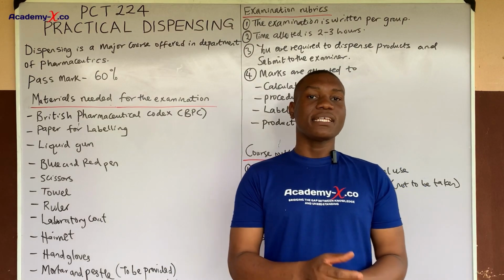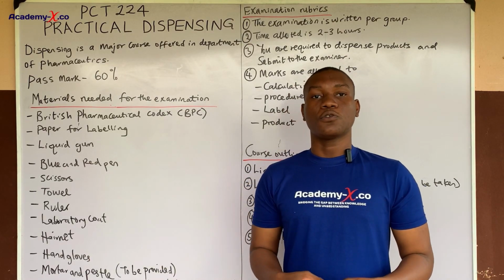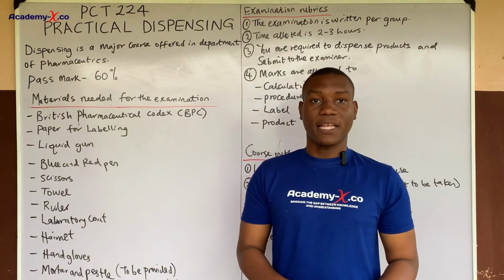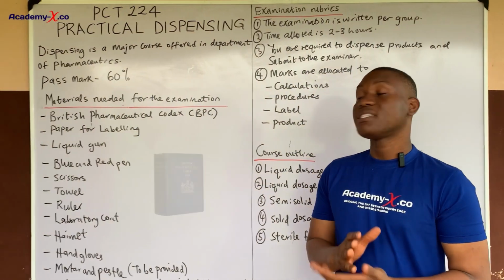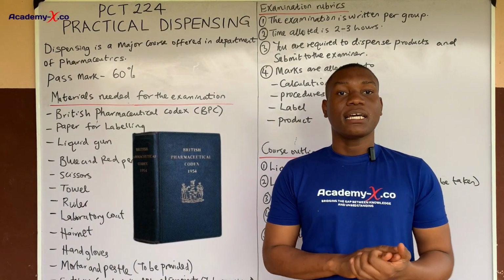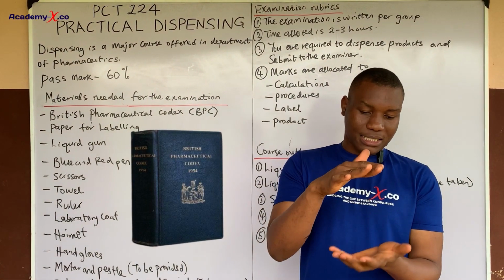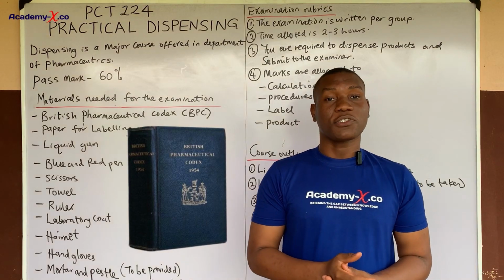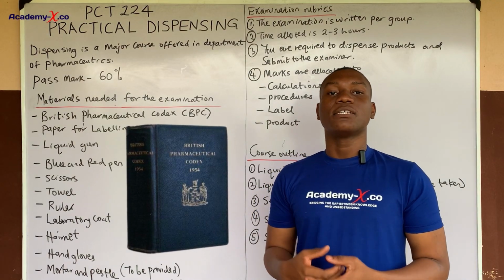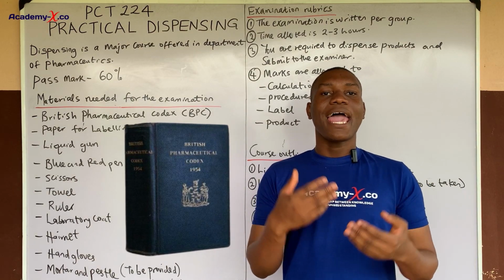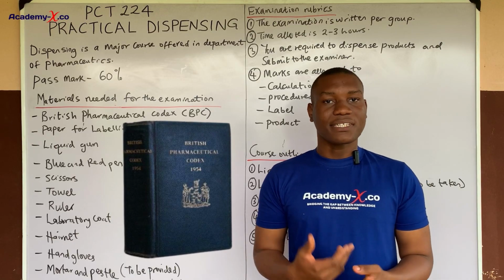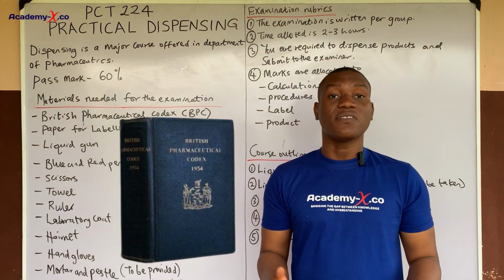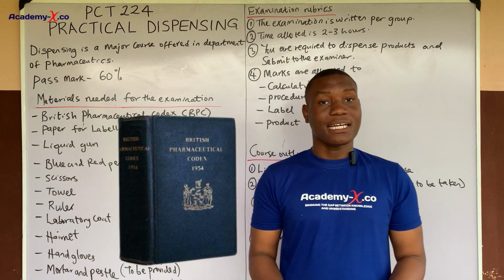So there are some things that are required of you to carry to the lab for dispensing. Let us look at some of them. You are required to bring a British Pharmaceutical Codex. This book is a source of information for dispensing. It contains every active ingredient and information about them, because we are going to be using some of this information for our calculations.